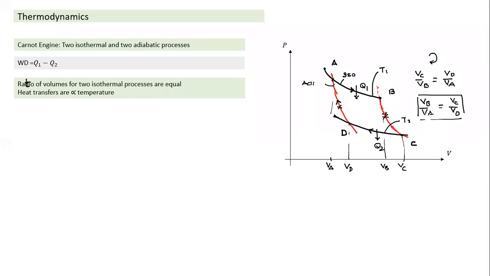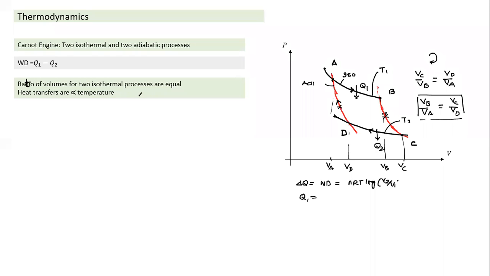And in case of an isothermal process, what is delta Q equal to? In an isothermal process, delta Q is equal to work done. And if I am calculating Q1, work done is equal to nRT log of final volume divided by initial volume.